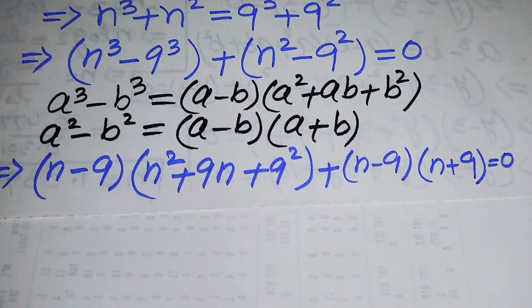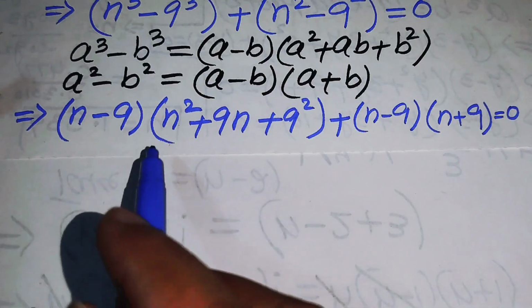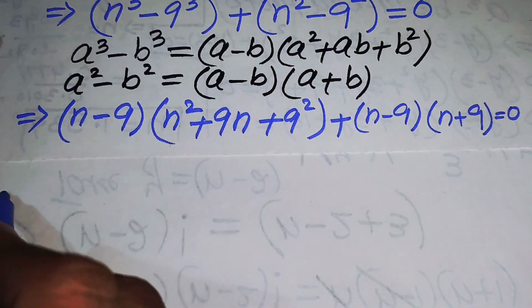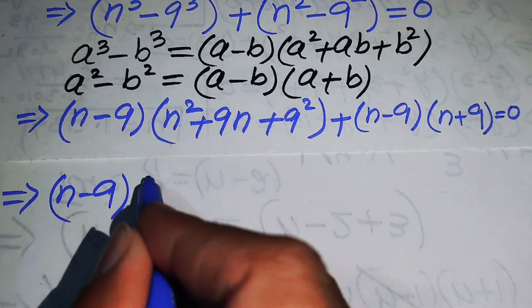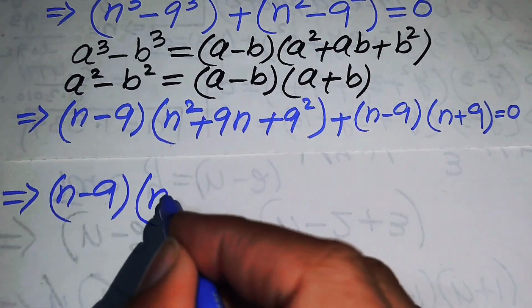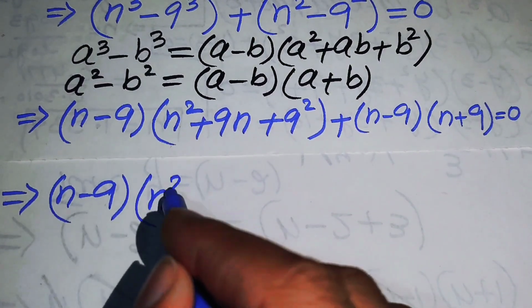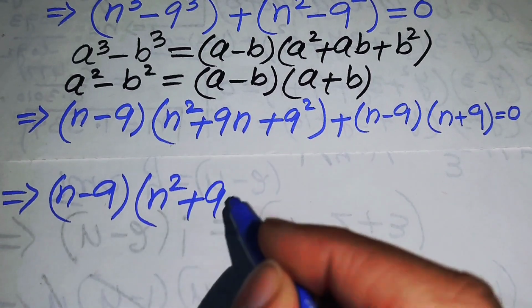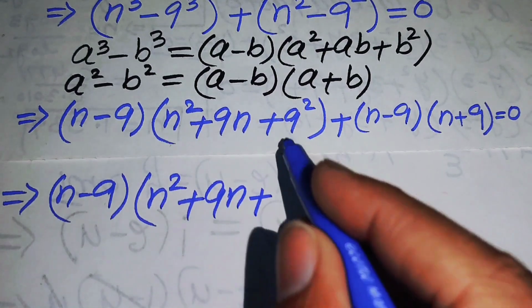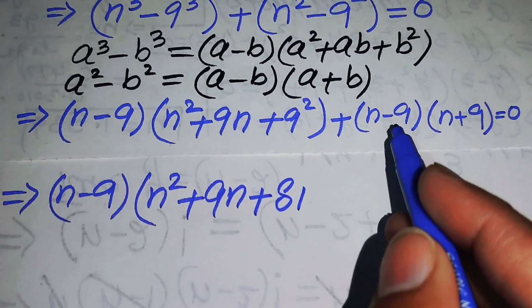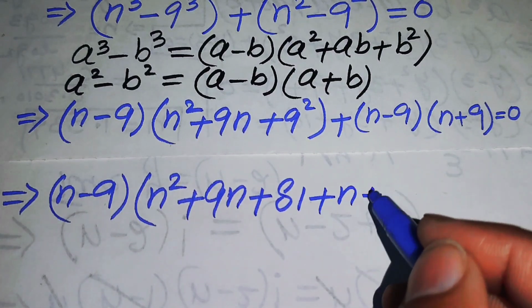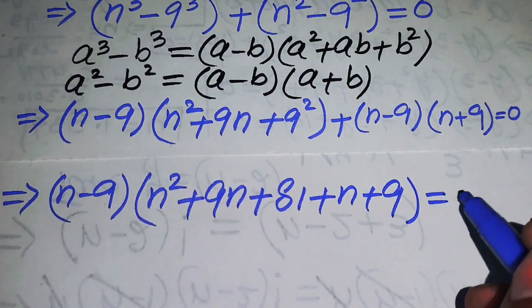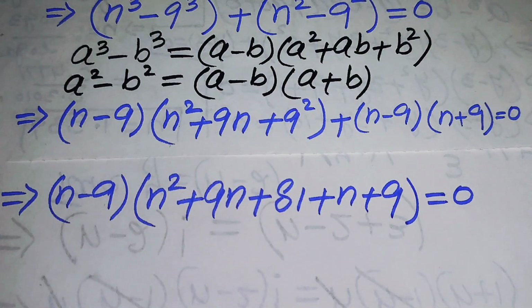After this step, now you focus on this equation, and you see that we have n minus 9 as the common term, so we take it common, and you obtain n squared plus 9 times n plus 9 squared, which is 81, and here we take common n minus 9, and you get n plus 9, and this whole equals 0.